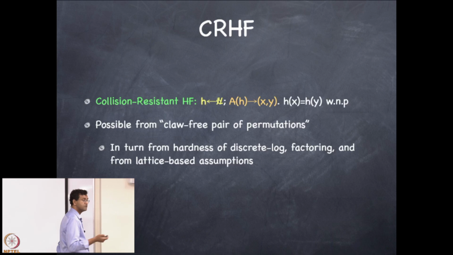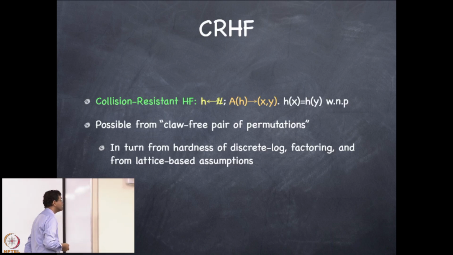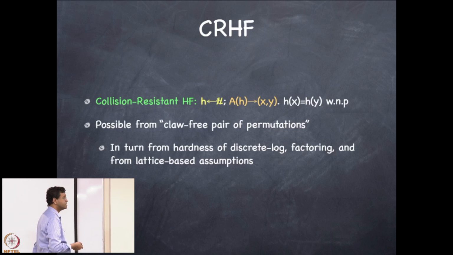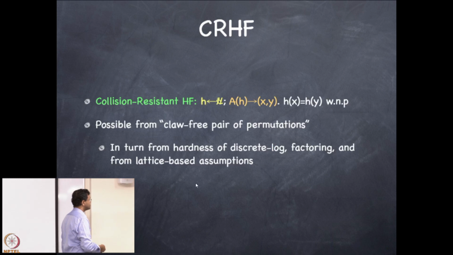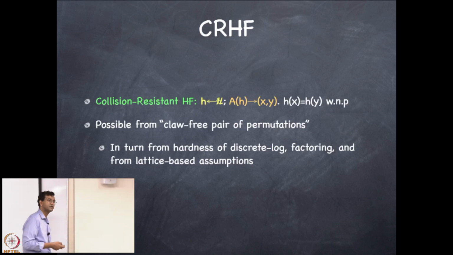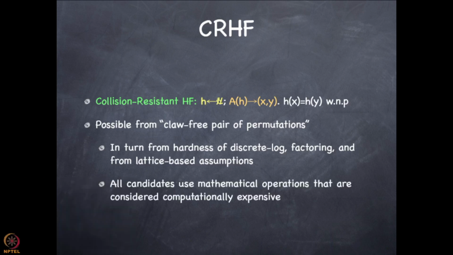So, discrete log that we talked about. We'll actually see a CRHF based on discrete log. Or factoring, the hardness of factoring, and some hard problems from something called lattice-based cryptography. We have not talked about it today, but that's another flavor of mathematical structures from which you get hard problems useful in cryptography.